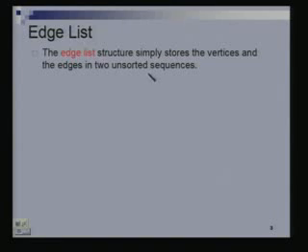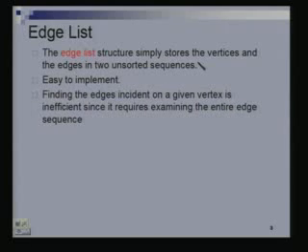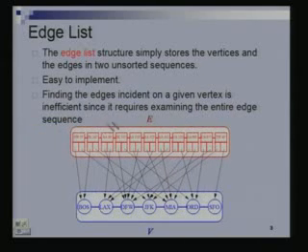The edge list data structure simply stores the vertices and the edges in two unsorted sequences. It is very easy to implement, and this is what it looks like. These are the lists of vertices that you had, and these were the various edges. Each edge, recall, corresponds to a certain flight between two airports.